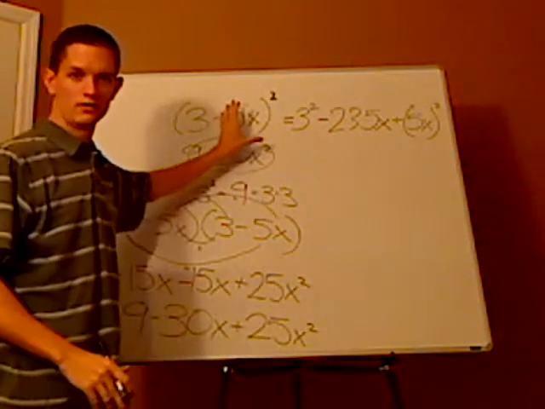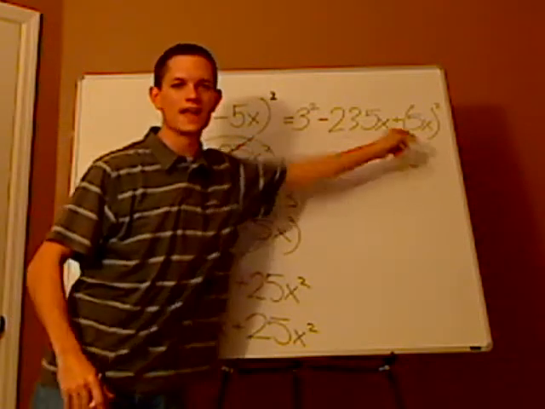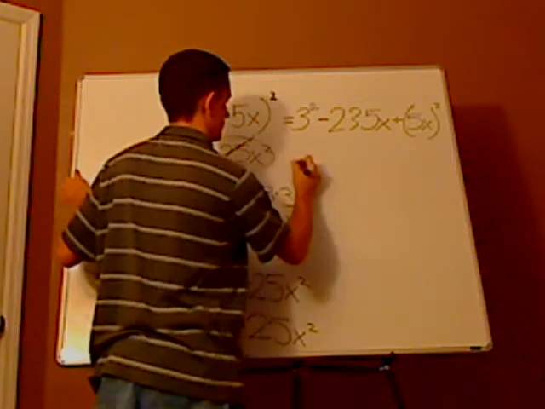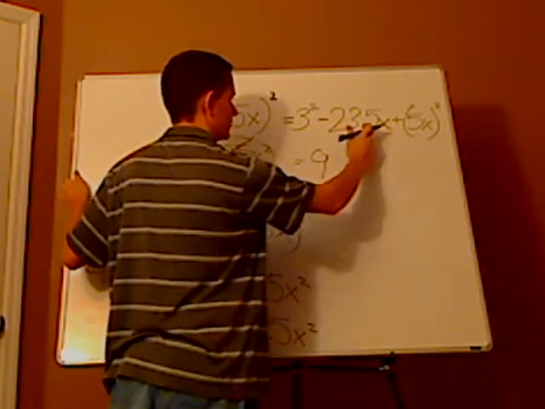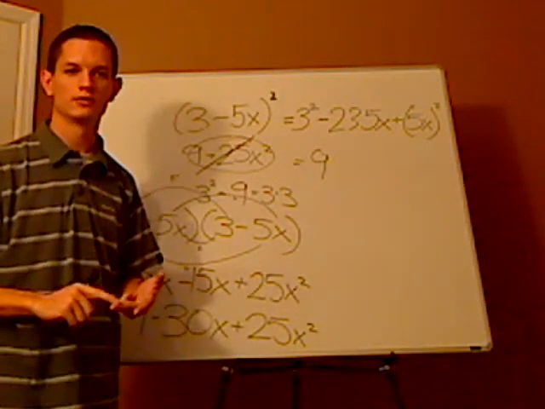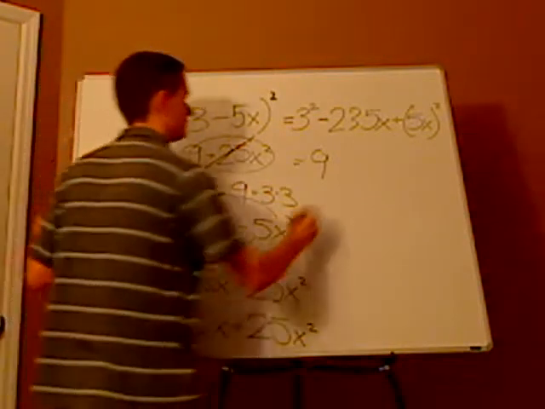You can do most of this in your head probably, but just make sure that you square both the 5 and the x. So what's 3 squared? It's 9. What's 2 times 3 times 5? 2 times 3 is 6. 6 times 5 is 30.